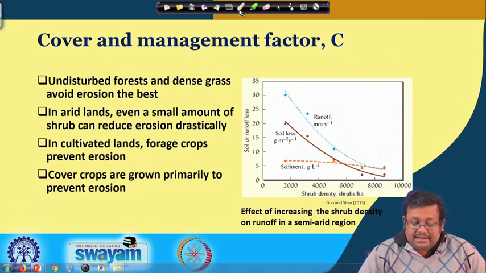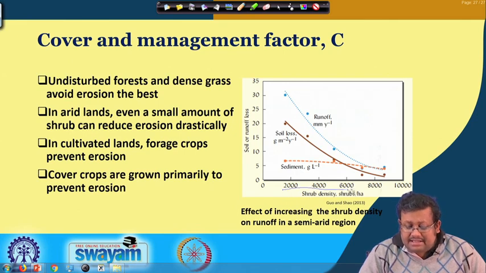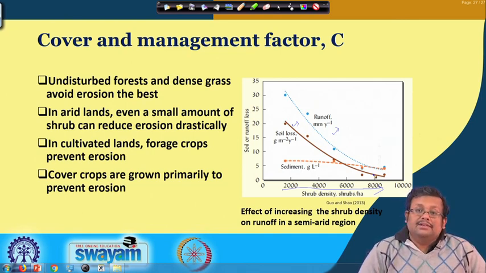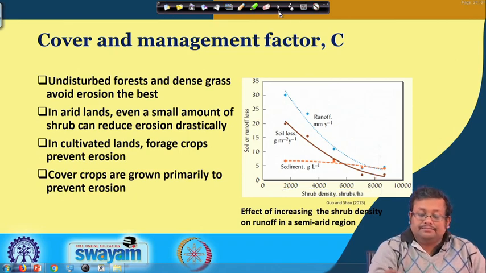You can see here, as the shrub density increases, the soil loss decreases exponentially, runoff also decreases exponentially, and sediment also decreases. So increasing shrub density has a greater impact in reducing soil loss, runoff and sediment, ultimately preventing soil erosion.